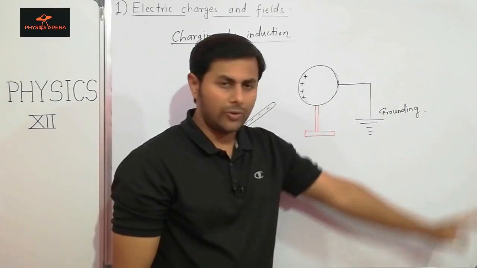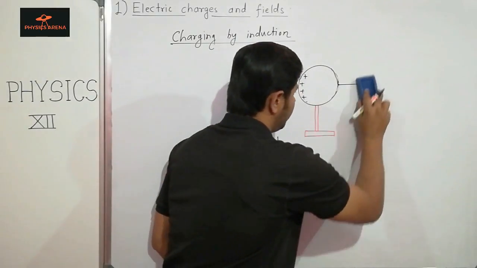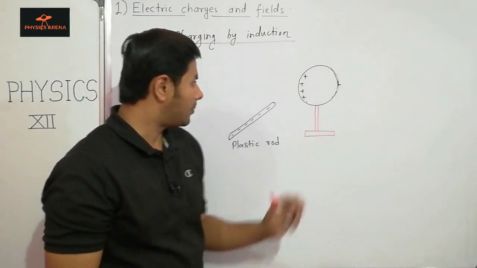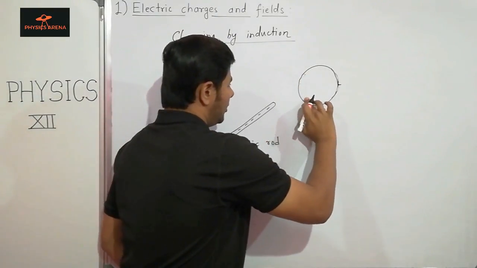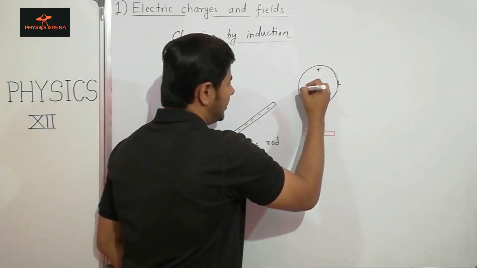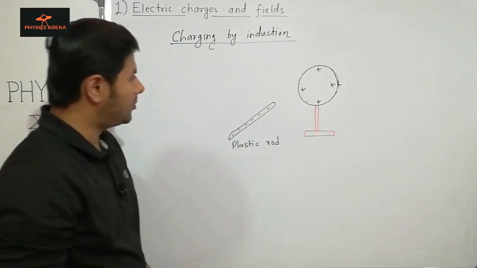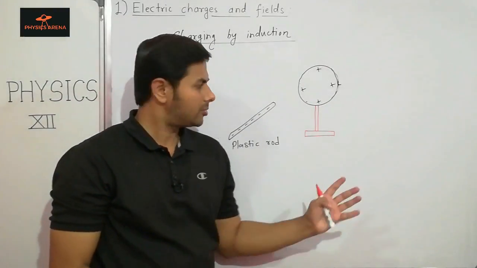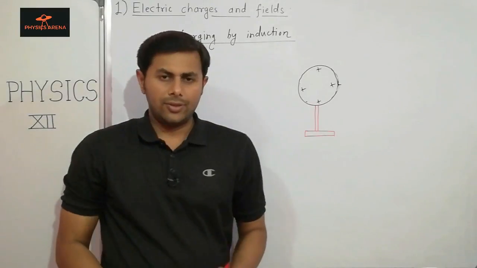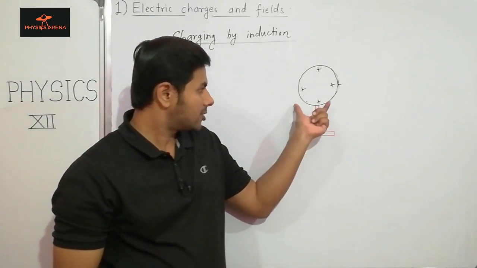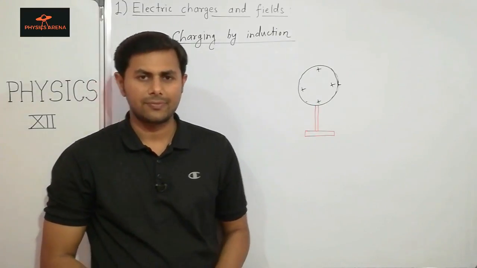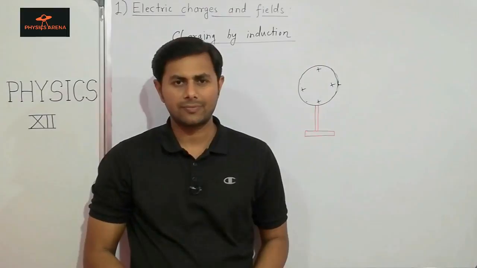Then we remove this grounding, so only positive charge is left on this ball. Now if we remove this plastic rod, charges will be redistributed and there will be uniform distribution of this positive charge. So this is how we charge a single metal ball using the method of induction. So this is charging by induction.